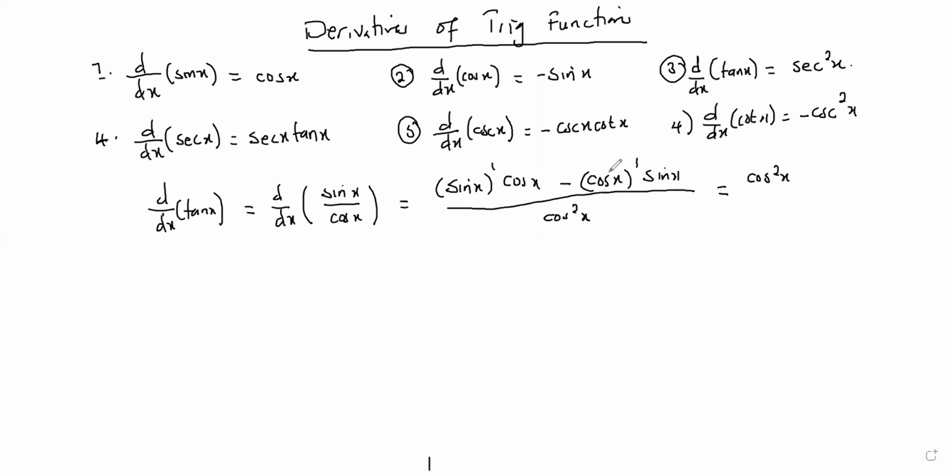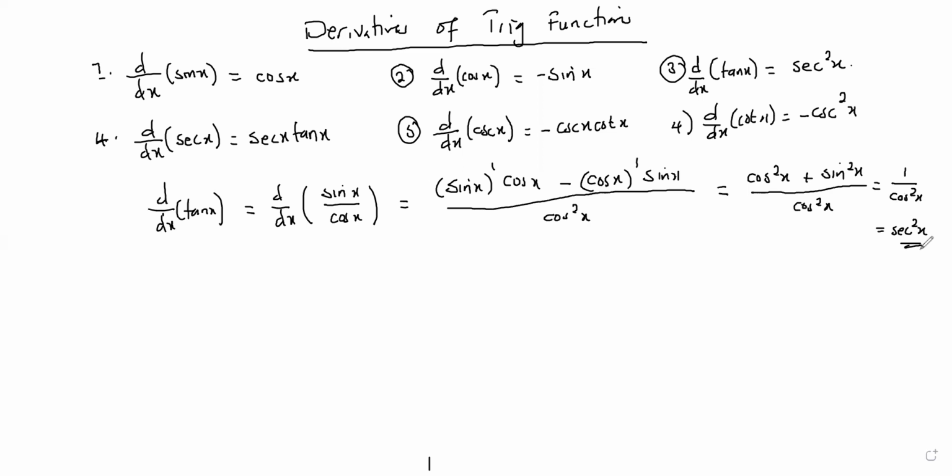And then this gives us a minus sign, so I end up having a plus sine squared. Then I divide by cos squared. So that would be 1 over cos squared, which is equal to sec squared of x.